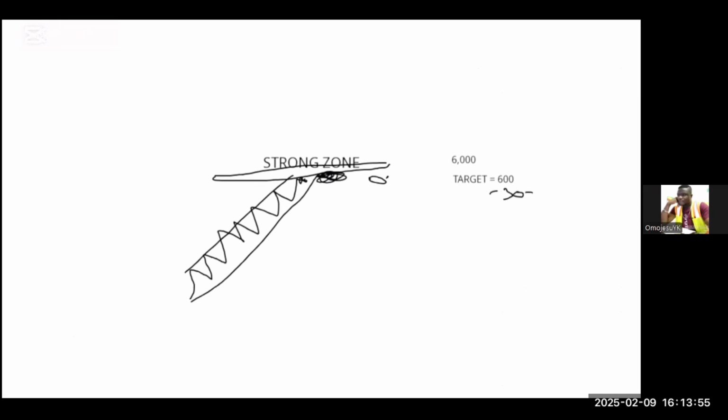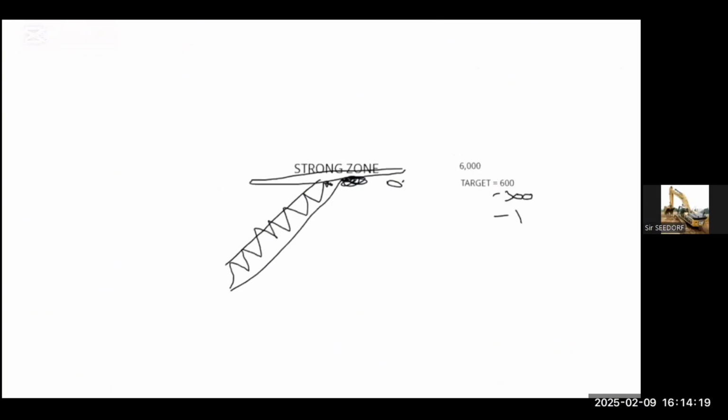Once you lose $300, you are out of this account. That is for two phase. For one phase, once you lose 3%, that's $180, you are out of this account.